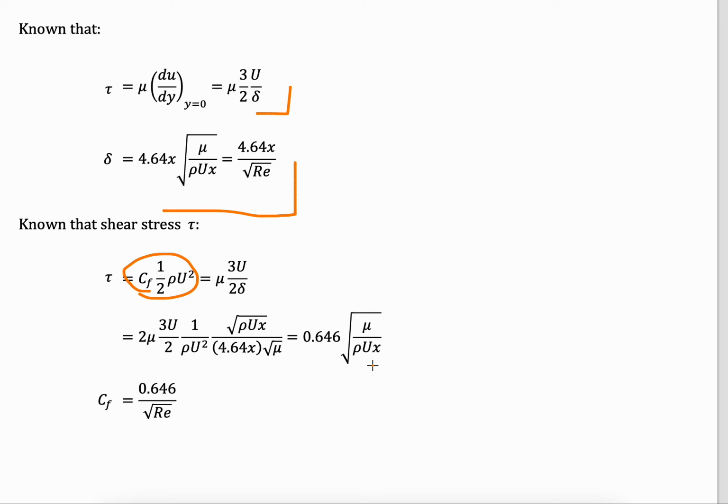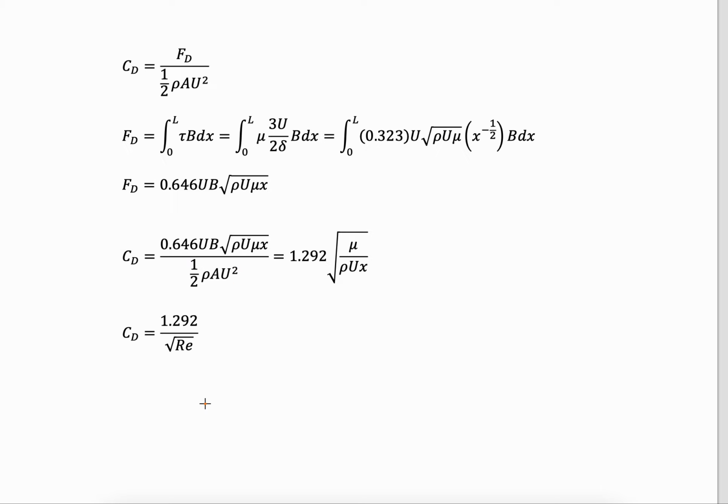We substitute everything that we have. And sometimes, please, if you have a square root Reynolds, please expand the square root Reynolds number as this term, because we could simplify the value of rho and u from the equation of Reynolds number here. So we could get the CF as 0.646 over square root Reynolds number.